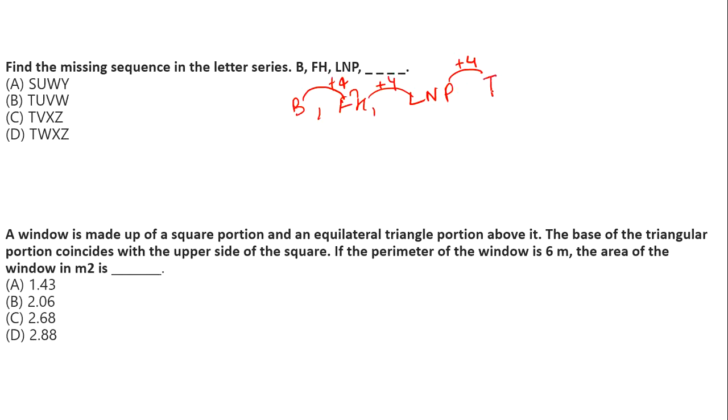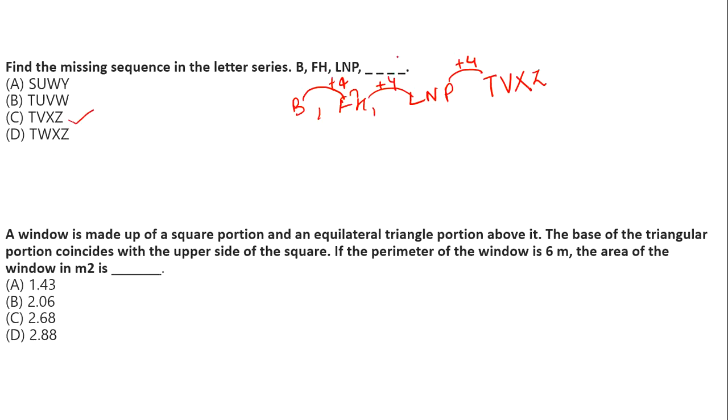So T. Now we have to skip U, we will have V. Skip W, we have X. Skip Y, we have Z, right? So the correct answer for this question is TVXZ.